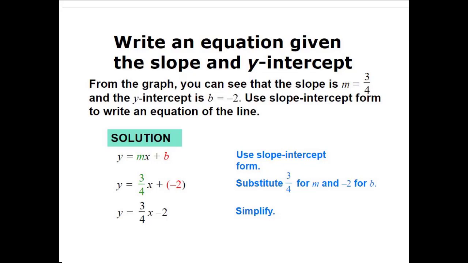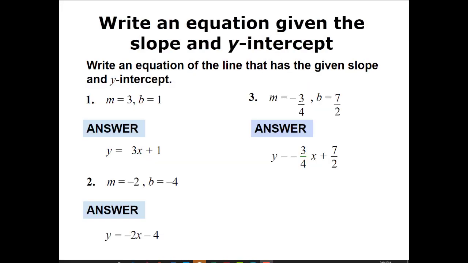I'm not asking you to do any algebra at this point. You're just actually having to extract the information as needed, be able to interpret the information as needed. Here we have the equation of a line, y equals 3 over 4x minus 2. These examples actually have you create the equation of a line using information provided.